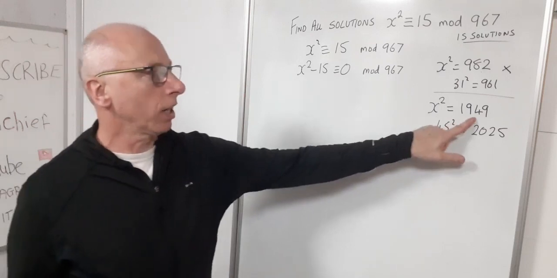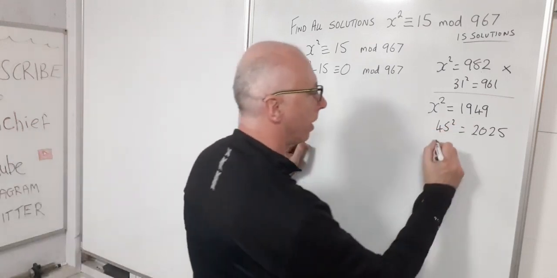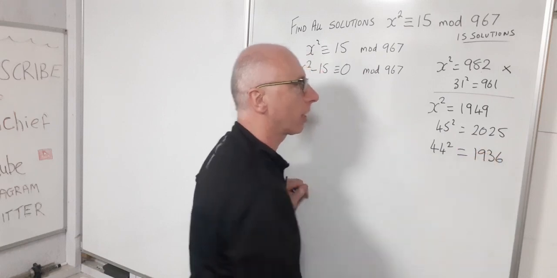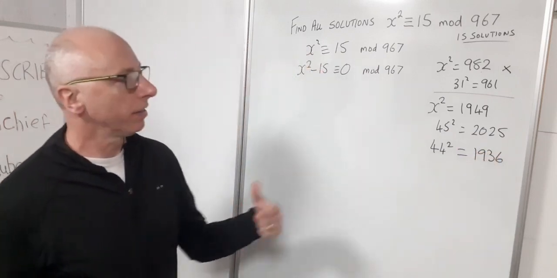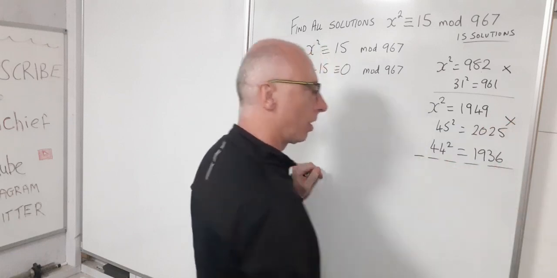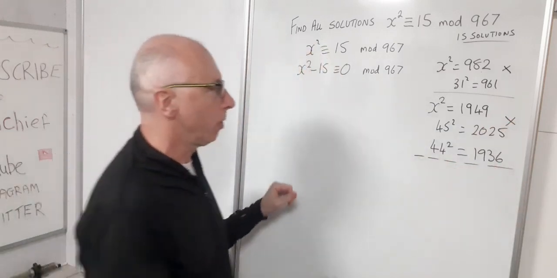That's not quite close enough. 44 squared equals 1936. So again, this one is not going to work for us. So that's no good. Okay, let's try the next one.